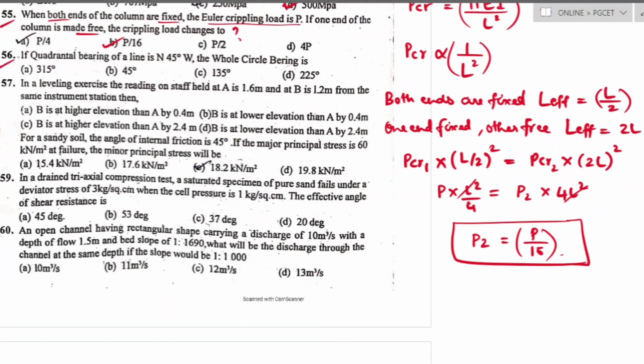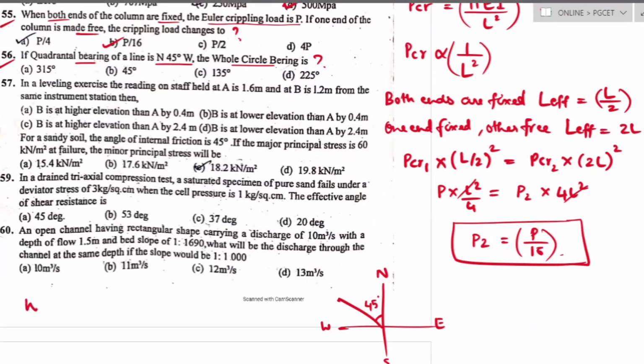Question number 56. If a quadrantal bearing of a line is north 45 degree west, then the whole circle bearing is? So let's draw a quadrantal bearing system for a given line, that is north, east, west and south. The given quadrantal bearing is north 45 degree west, so it lies in the northwest quadrant, that is the 4th quadrant.